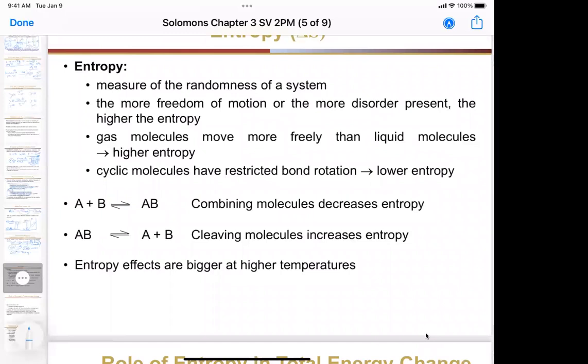So the first element I want to talk about is entropy. Okay, Gibbs free energy is the difference in energy between products and reactants, right? Entropy is the difference going from something that's more ordered to less ordered. So if you have a positive entropy change, you're going from one thing to two things, because two things is inherently more disordered than one thing.